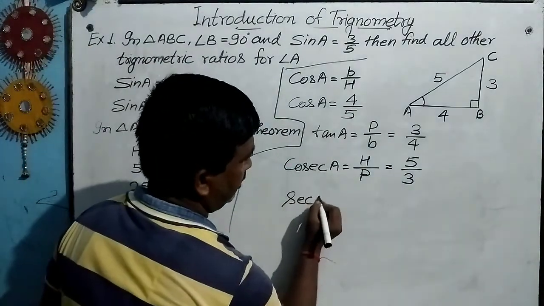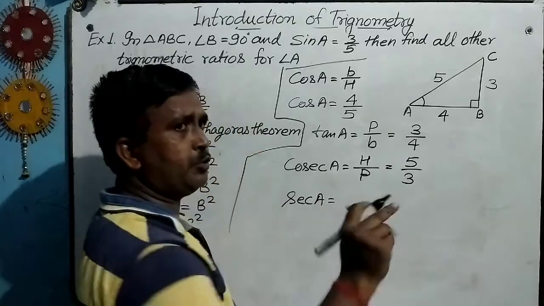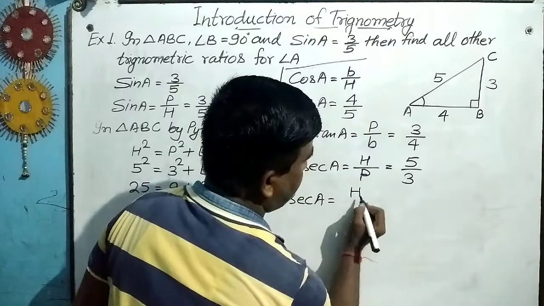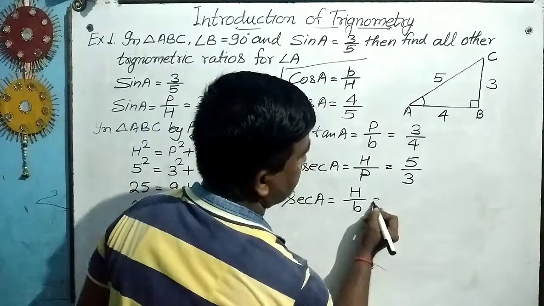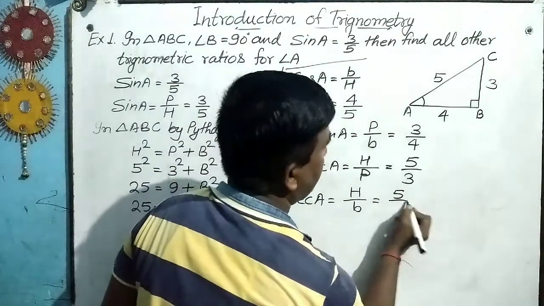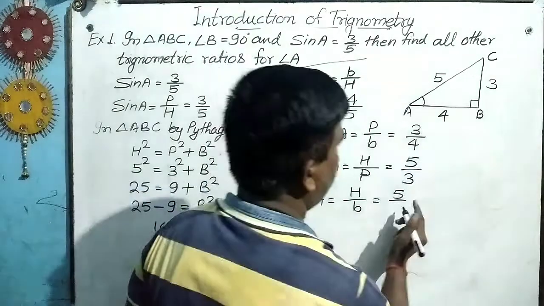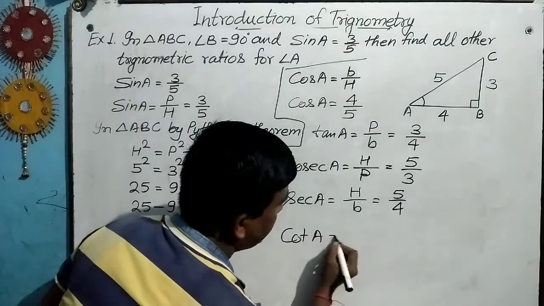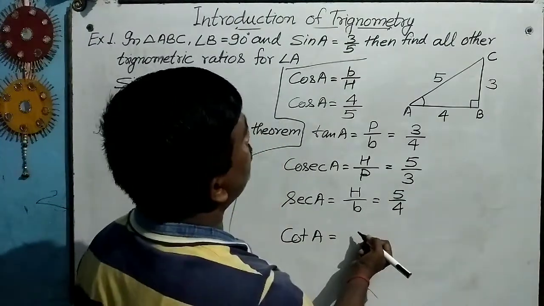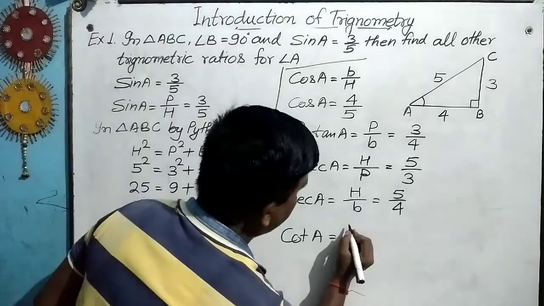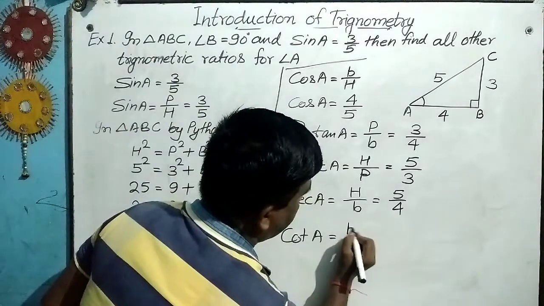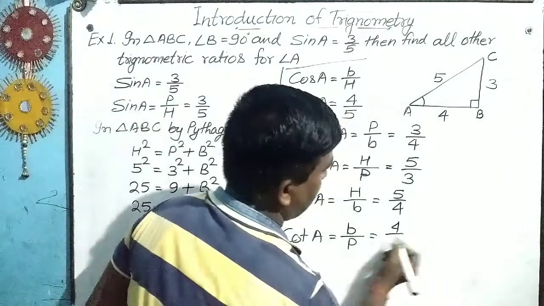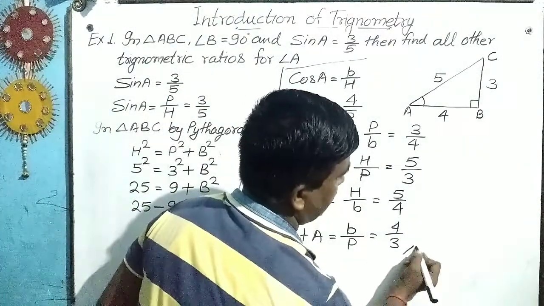Then sec A is the opposite of cos. It means hypotenuse upon base. It means hypotenuse 5 and base 4. And what about cot A? Cot A is equal to B upon P. It means 4 upon 3.